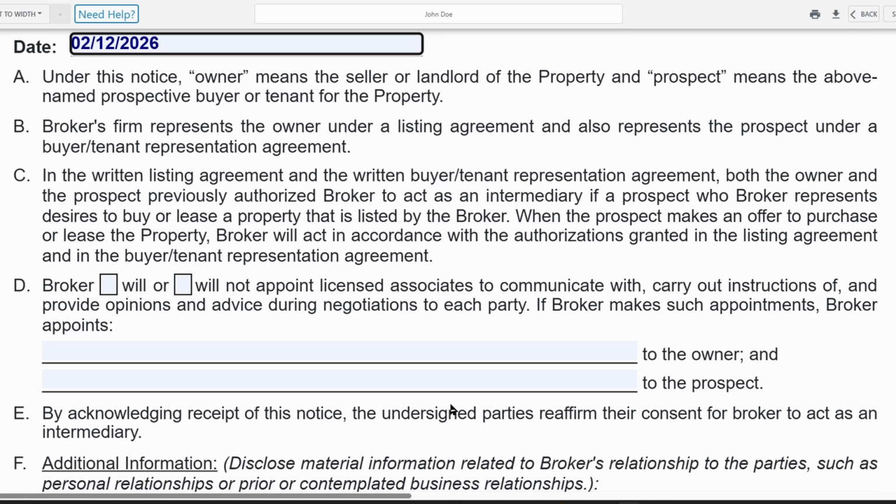I either have to do no appointments or I have to appoint another agent to the seller side. I cannot represent the seller and have one of my agents represent the buyer. It's impartial, it's unfair. So if there's going to be appointments, it has to be two different licensed salespeople inside the same firm, and the broker will act as intermediary.